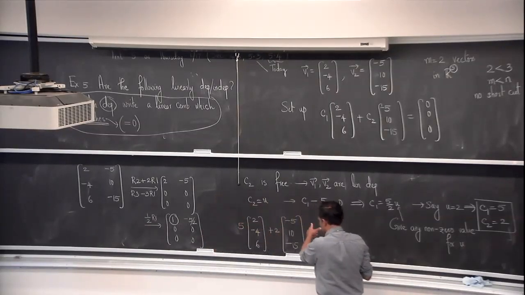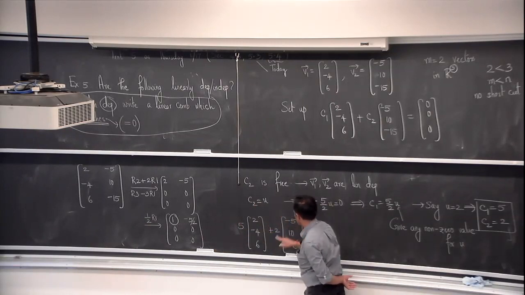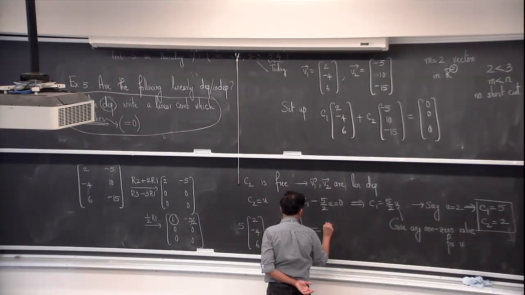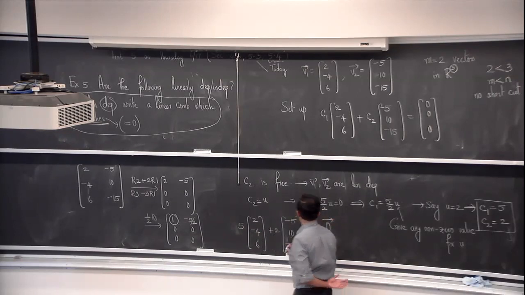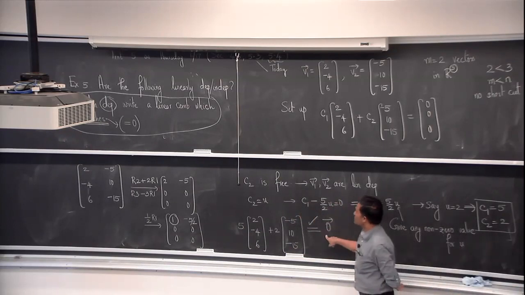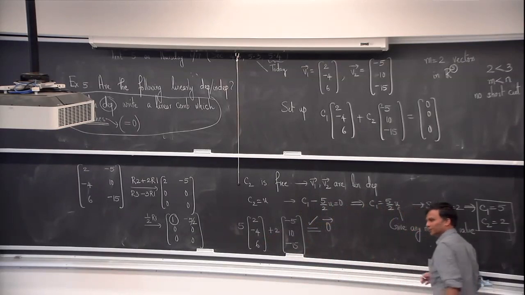If you multiply each of them and add them together, you have 5 times 2 is 10, minus 10 is 0, negative 20 plus 20 is 0, 30 minus 30 is 0. So this is indeed equal to the zero vector, and that is what it means by saying it vanishes.